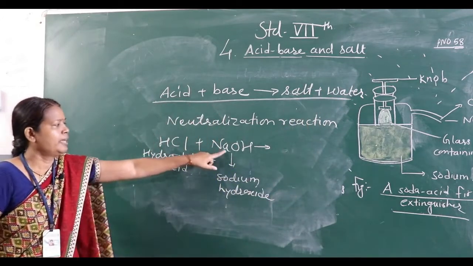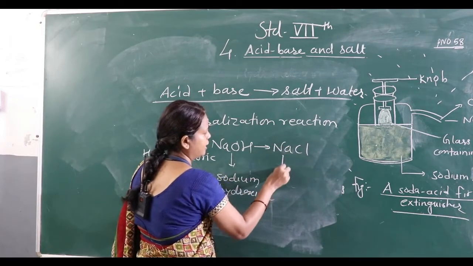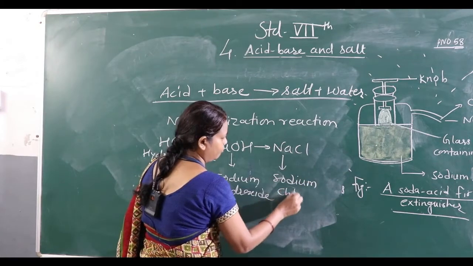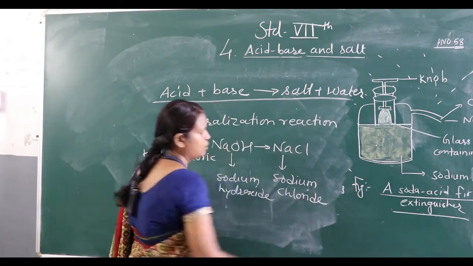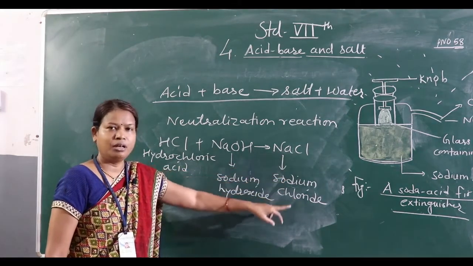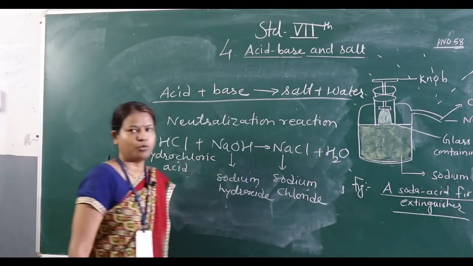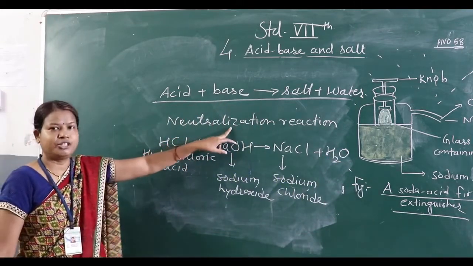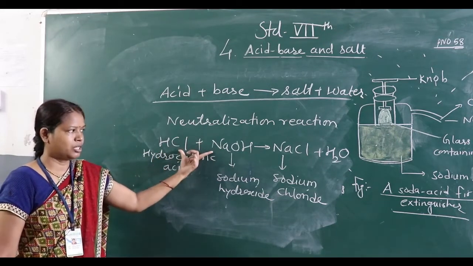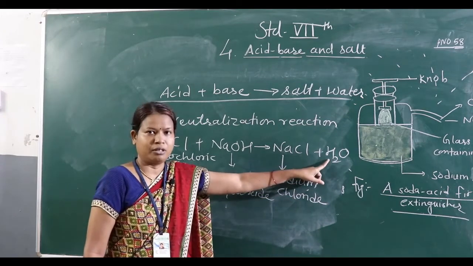So NaCl, that is sodium chloride. Its common name is salt. Every day we are using this sodium chloride at our home. Plus water, H2O. So this is a neutralization reaction, in which acid and base both react with each other and form new products, that is salt and water. Okay.